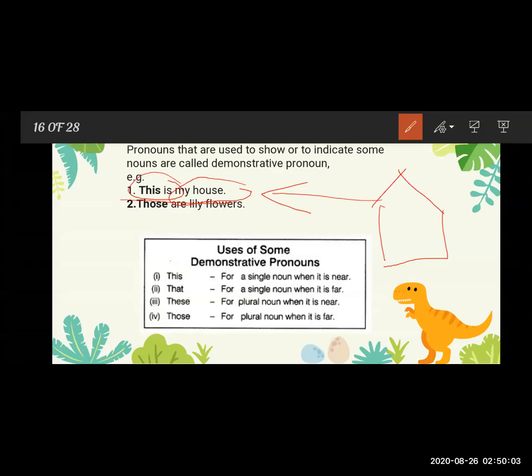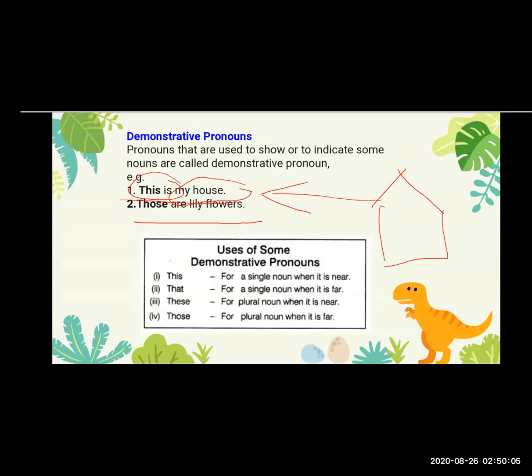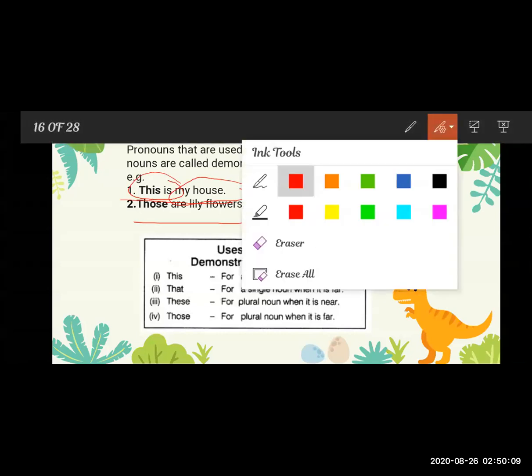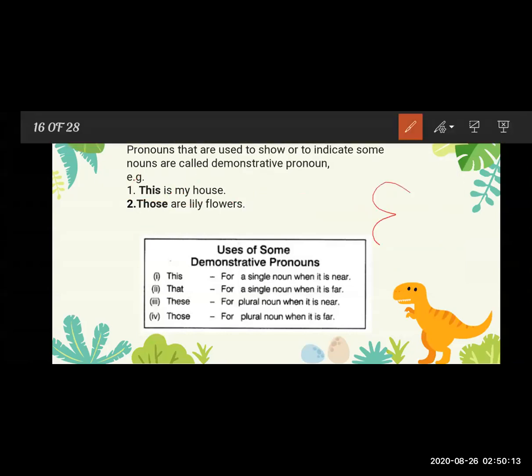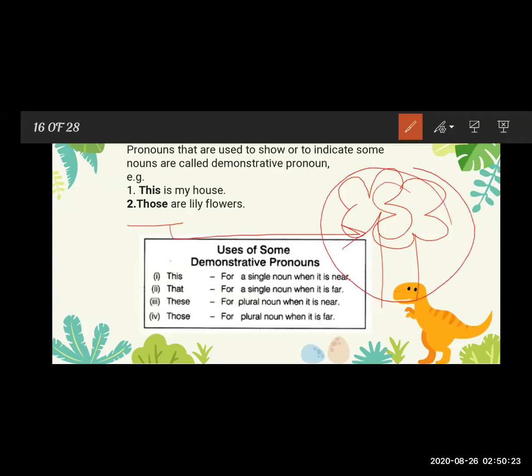Now see the next one: those are lily flowers. Here are some flowers, and those is indicating that the flowers are lilies.